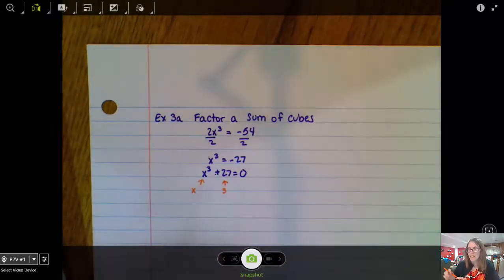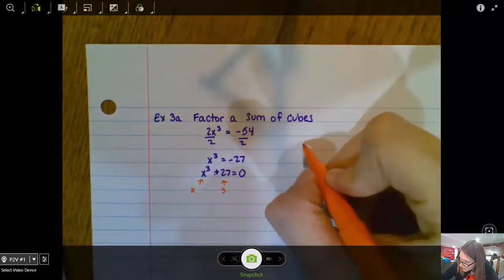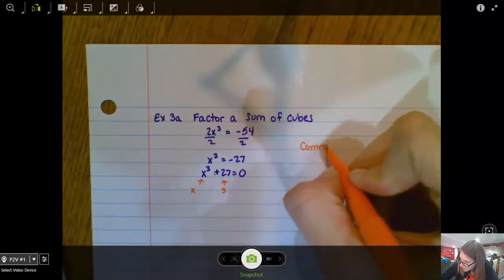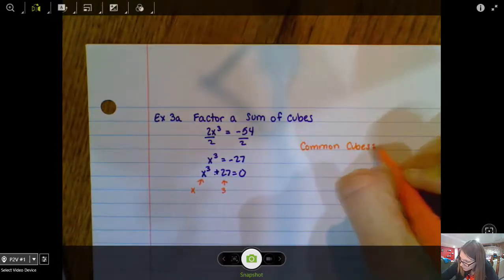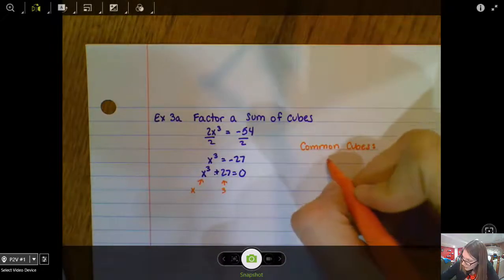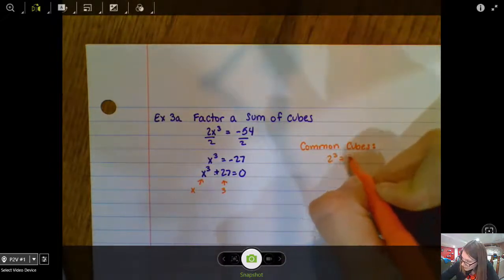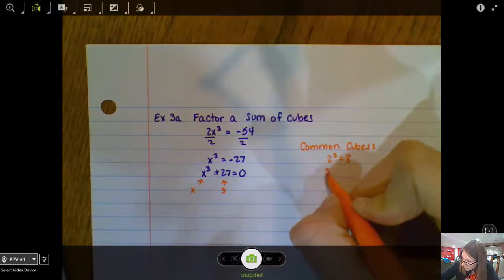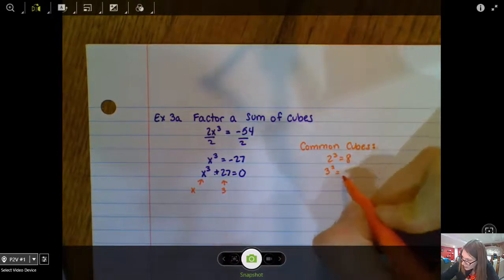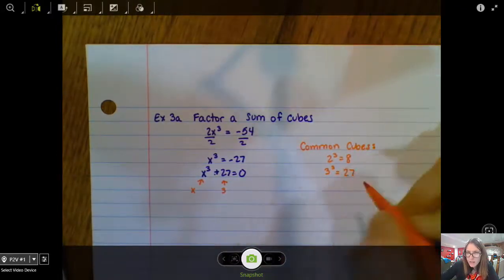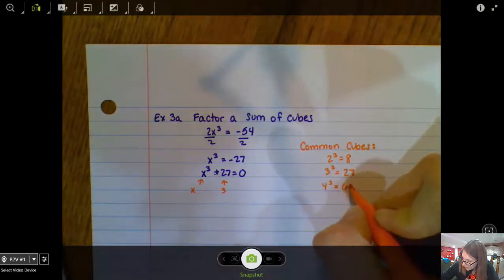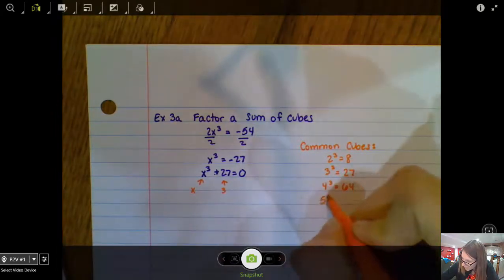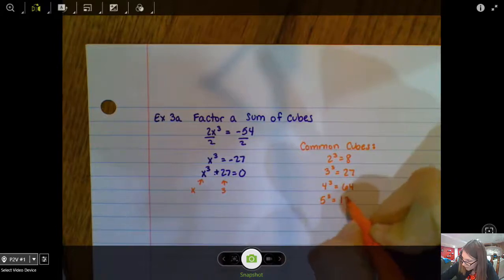Now, some of those common cubes that you might want to know. 2 to the third power is 8. 3 to the third power is 27. 4 to the third power is 64. 5 to the third power is 125.